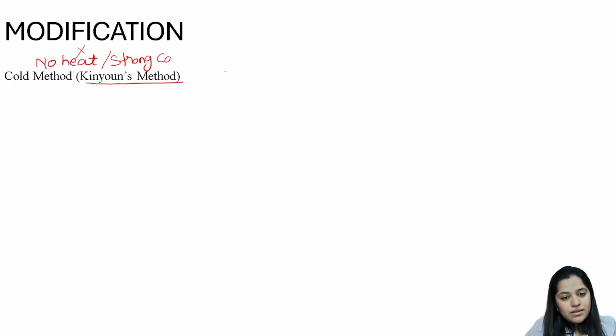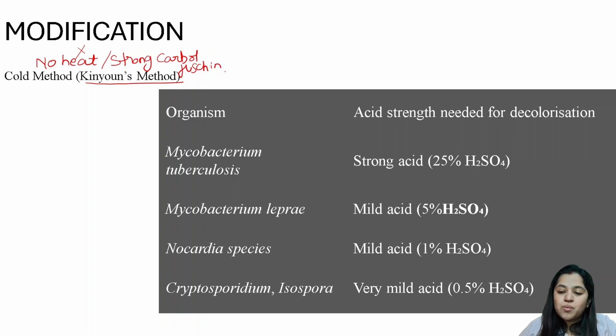Okay, strong carbol fuchsin. Now, let's see a very important concept here, that different concentration of H2SO4 is required for different acid-fast organism. Why? Now see, not all organisms have the same layer of mycolic acid. Okay, different organisms have different thickness of mycolic acid and lipids in their cell wall.